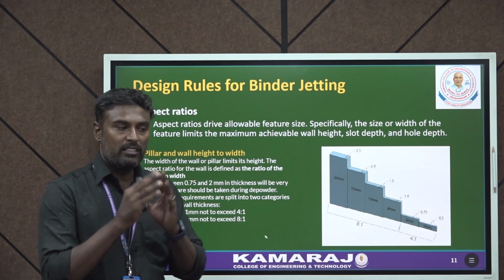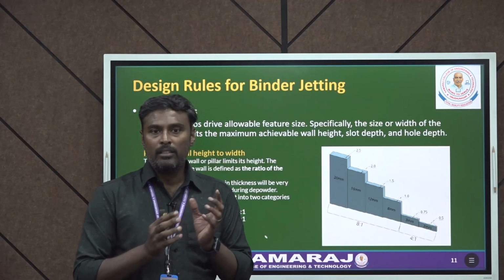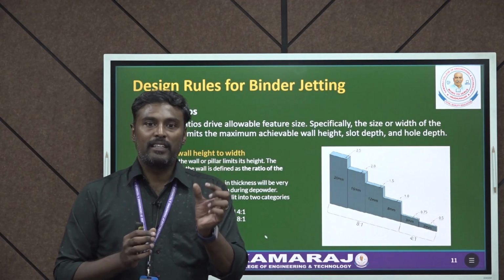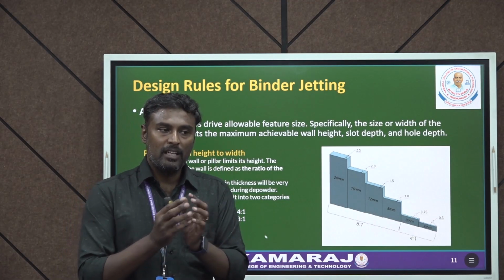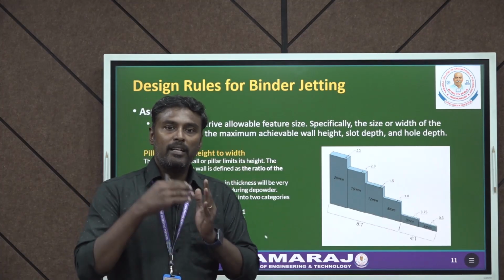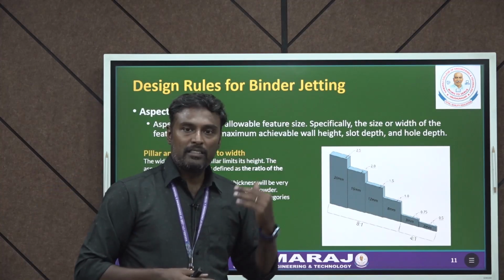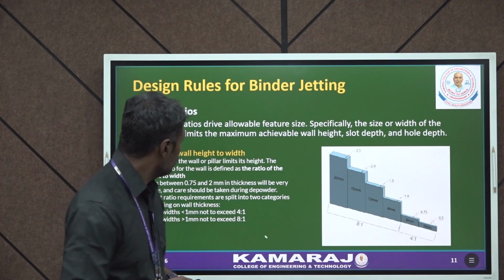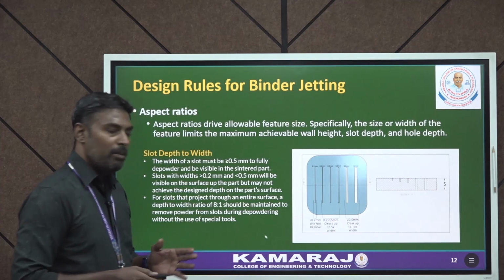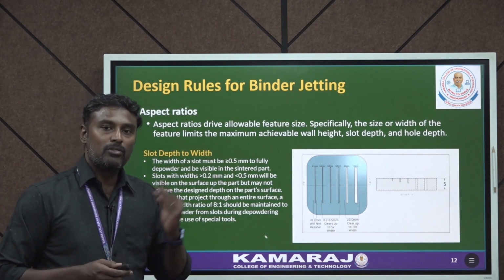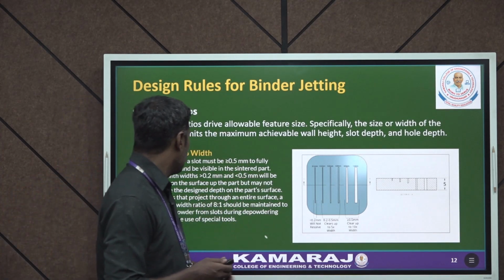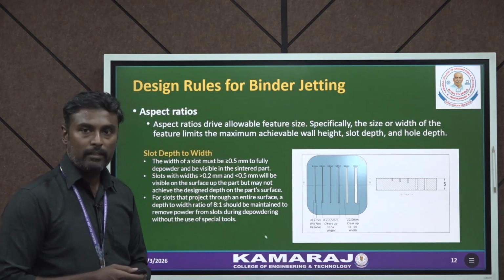In case your designed component has the minimum wall thickness but at the same time a larger height, it may lead to failures due to an improper selection of aspect ratios. Similarly, this aspect ratio concept is also applicable to slot depth to width.